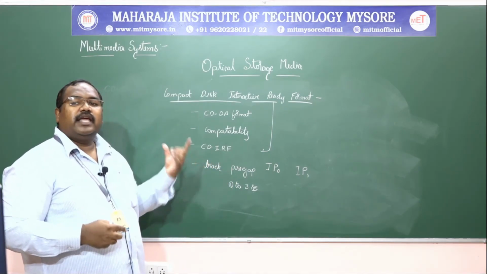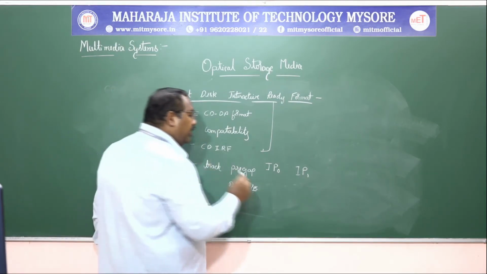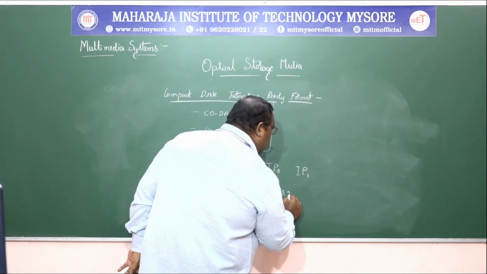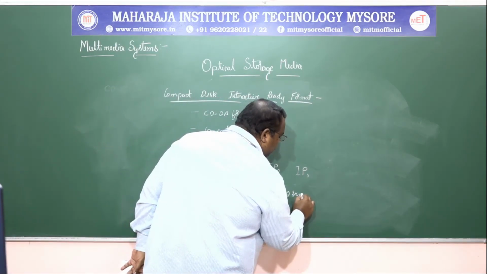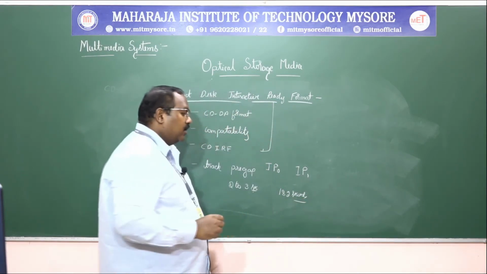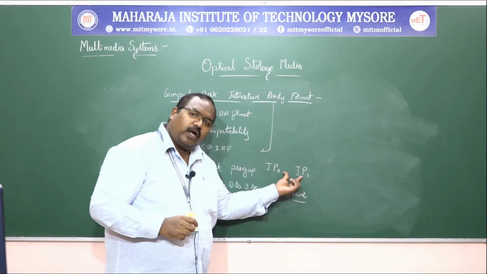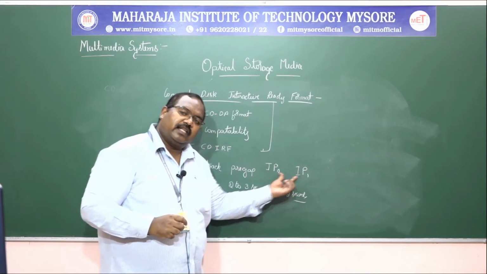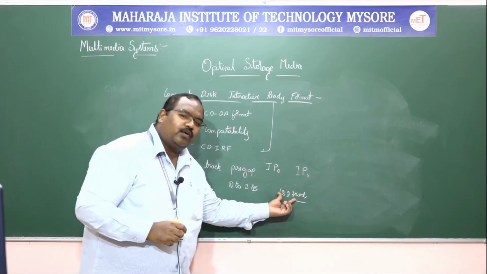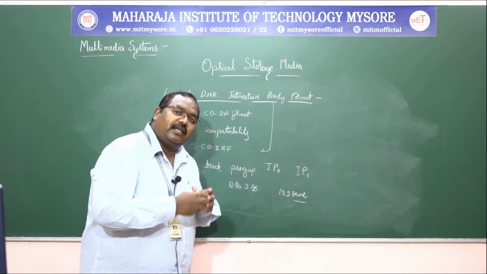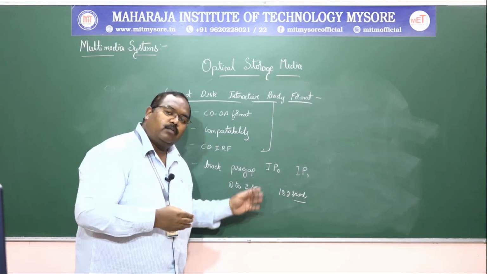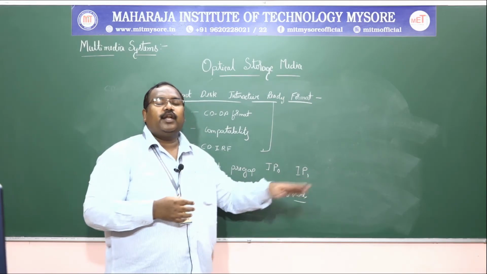Here the gap was extended up to 182 seconds. From index point 0 to index point 1, there was only 2 to 3 seconds in the earlier version. Now they extended the track pre-gap from 2 to 3 seconds to 182 seconds.